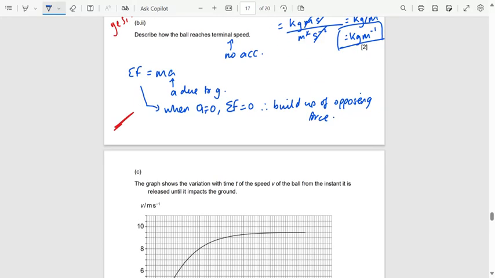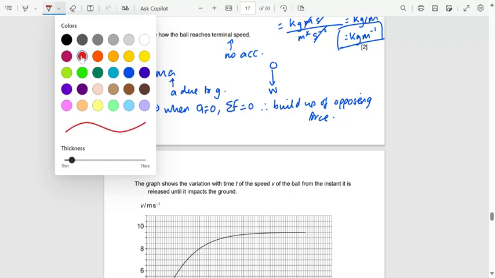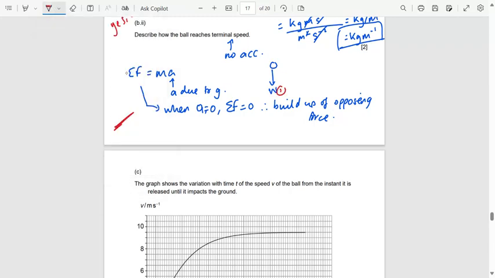And so we need to talk about that. So we're going to talk about this build-up of opposing force. If I've got a ball and it is accelerating to the ground by weight, initially that is my resultant force, where the acceleration is gravity.